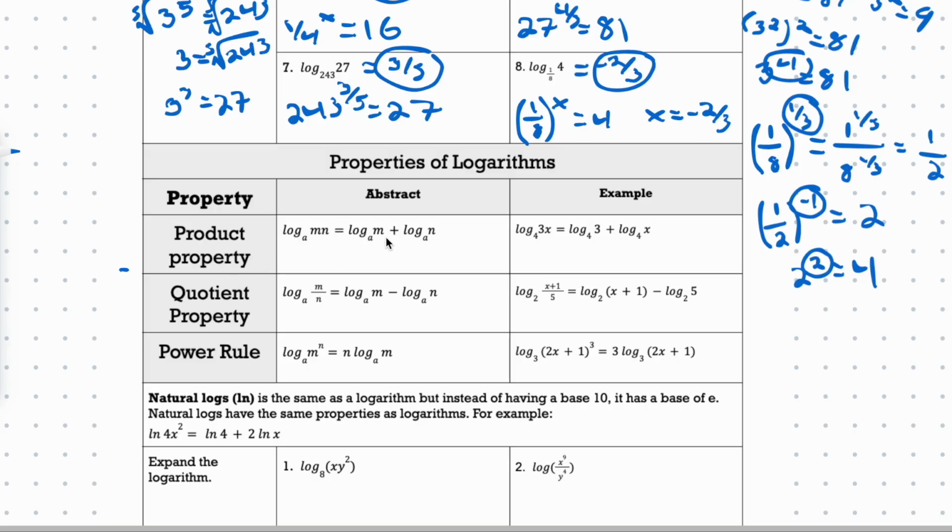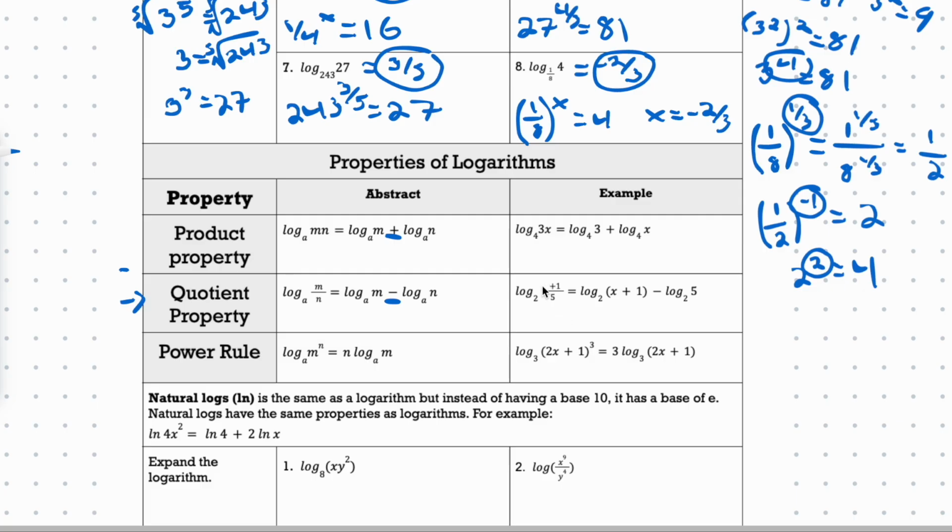Basically, whenever we're adding logarithms of the same base, and we don't have a coefficient or anything, we can just multiply whatever we have on the inside. This is important. Now, logically, the opposite: if we're subtracting, well, what's the opposite of multiplying? We're going to divide. So that explains our quotient property.